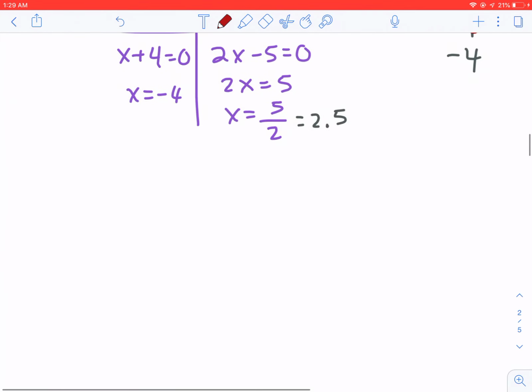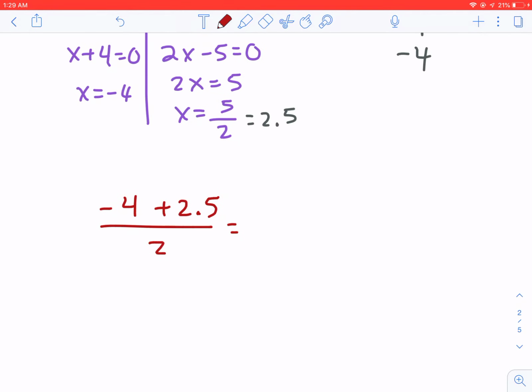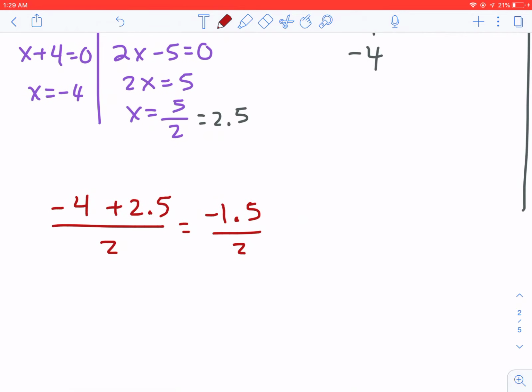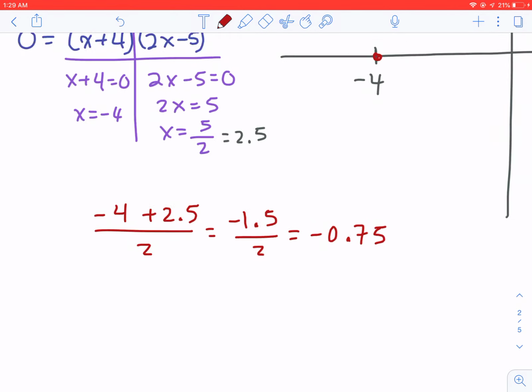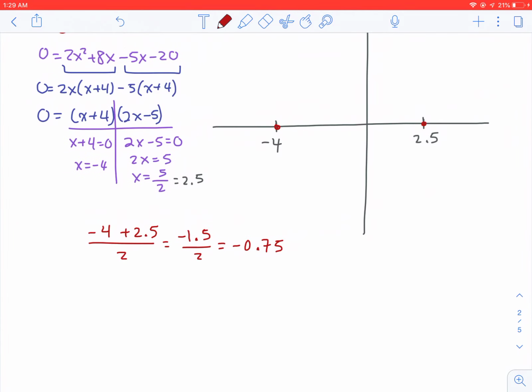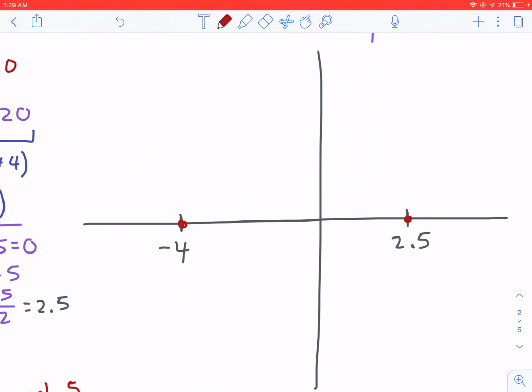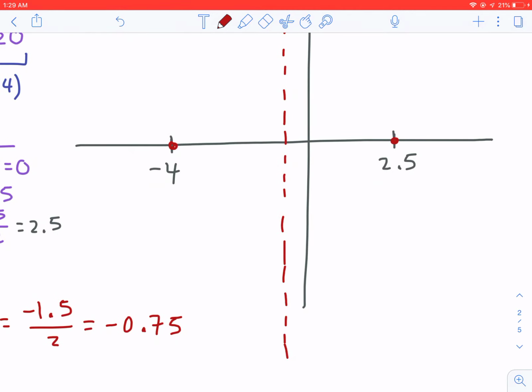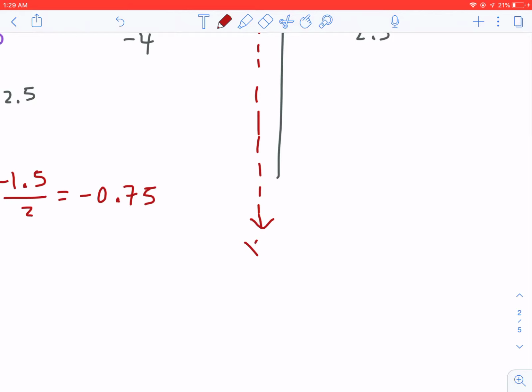If I average my 2 zeros, negative 4 plus 2.5, and divide by 2, what I get is negative 1.5 divided by 2, which is negative 0.75. So that is where the axis of symmetry is. This will be x equals negative 0.75.